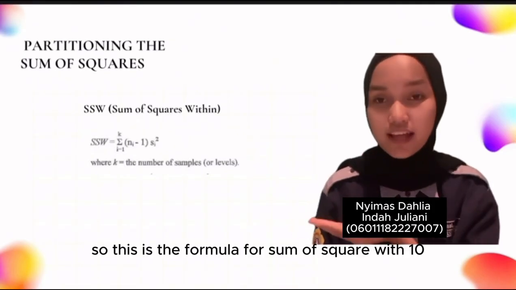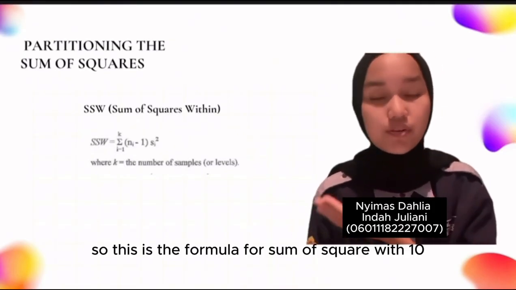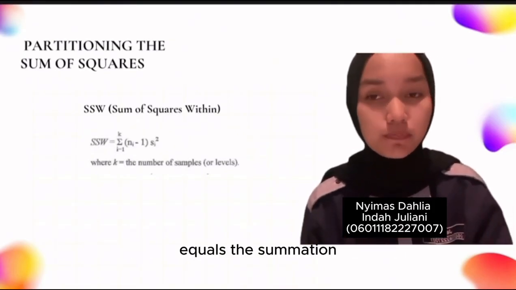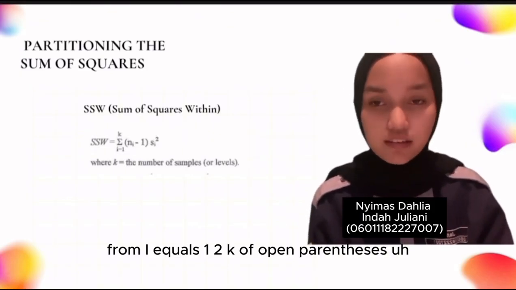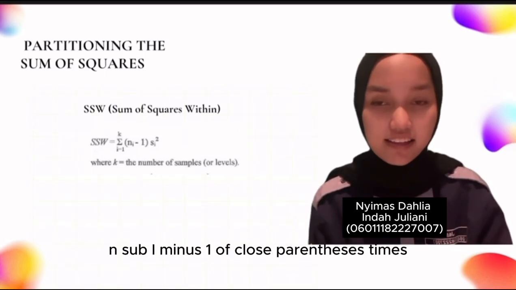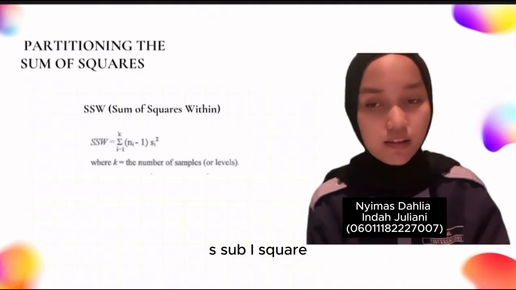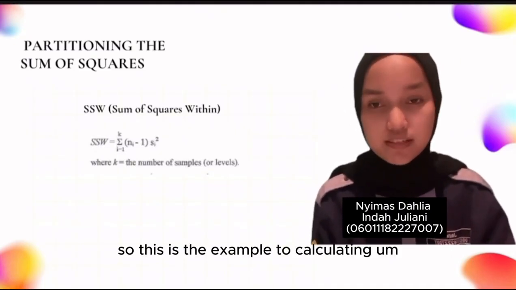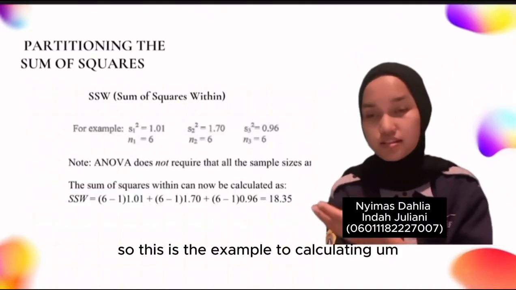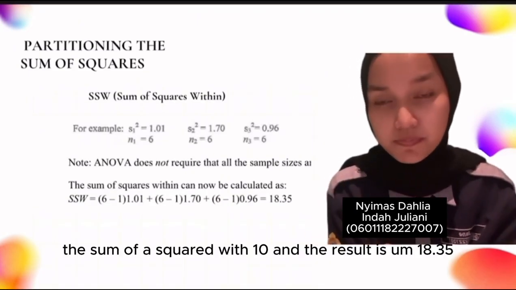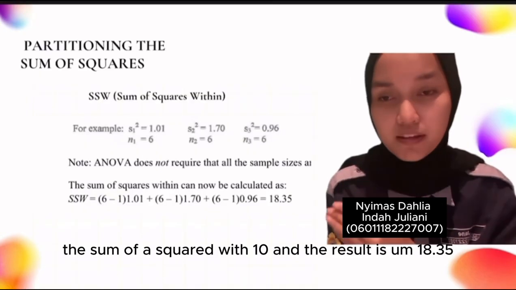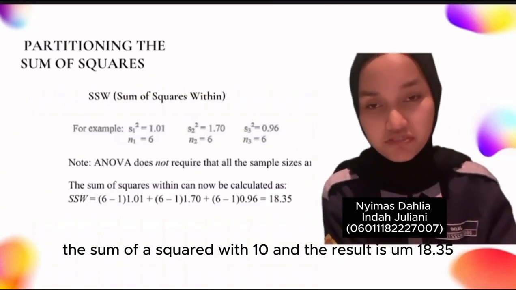This is the formula for the sum of squares within: the summation from i equals 1 to k of (n sub i minus 1) times s sub i squared. This is the example of calculating the sum of squares within, and the result is 18.35.